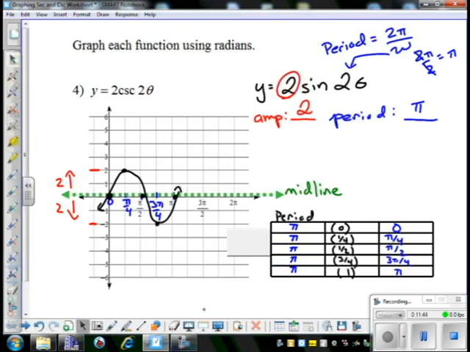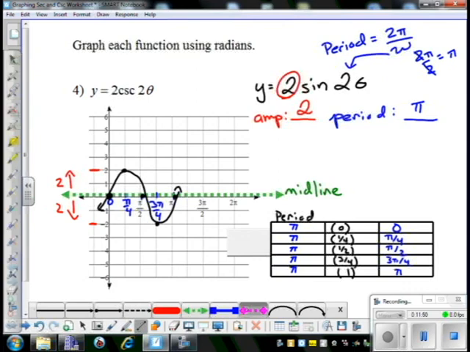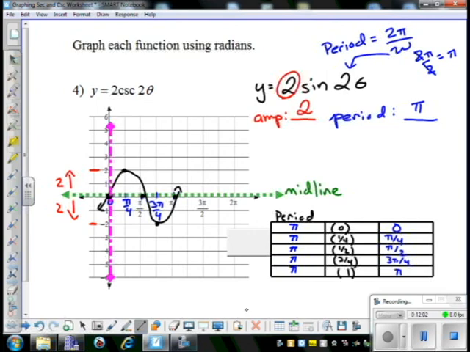Now, we're not graphing the sine, we're graphing the cosecant. So we need to put in our asymptotes. Just like with the cosine graph that we graphed for the secant, the cosecant works the same way. Wherever those points hit that midline is going to make an asymptote. That's not going to change.